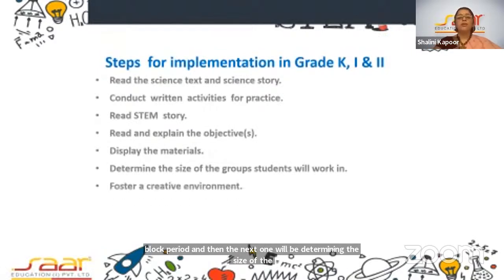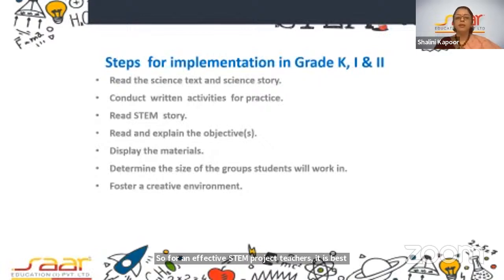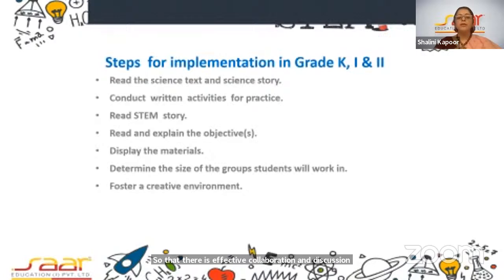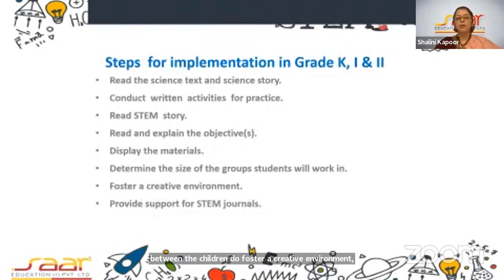For an effective STEM project, teachers, it is best not to have a very big group because collaboration is affected, and neither should you have a very small group. An ideal group size would be 4 to 5 students per group so that there is effective collaboration and discussion between the children. Do foster a creative environment, allow the children time and space to show their creative skills, and provide them support for the STEM journals, which they will complete at the end of the activity.